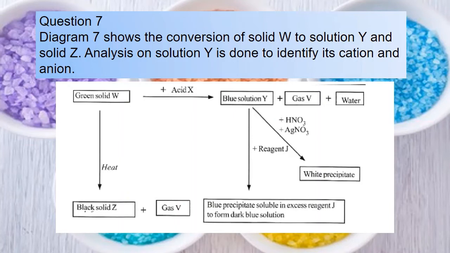Green solid W, when heated, forms black solid Z and releases gas V. Blue solution Y reacts with nitric acid and silver nitrate, and a white precipitate is formed. Blue solution Y reacts with reagent J. Blue precipitate soluble in excess reagent J to form dark blue solution.